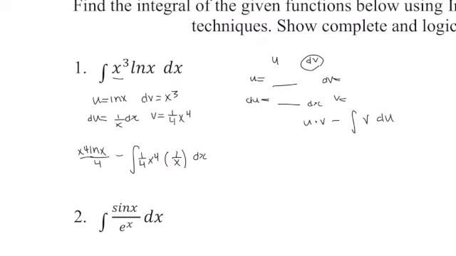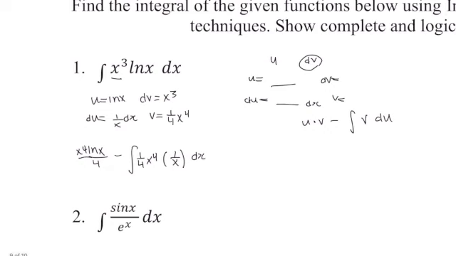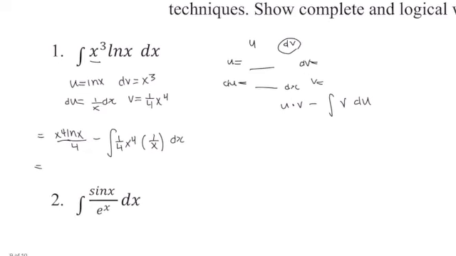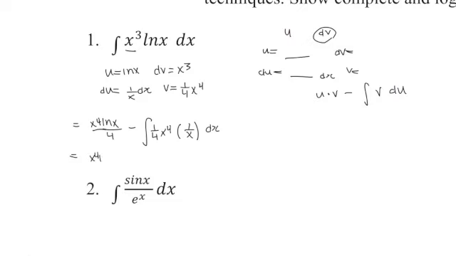So we're going to say x to the fourth ln x over 4 minus 1/4 comes out, and then x to the fourth over x is just x to the third, and then dx. So here we can see that our integral is able to be simplified.